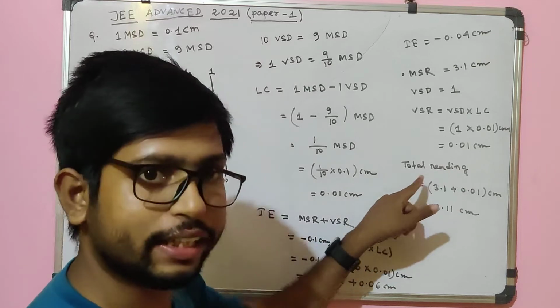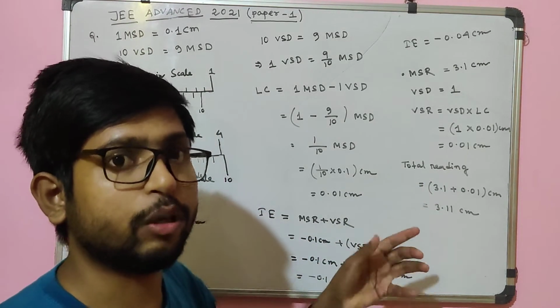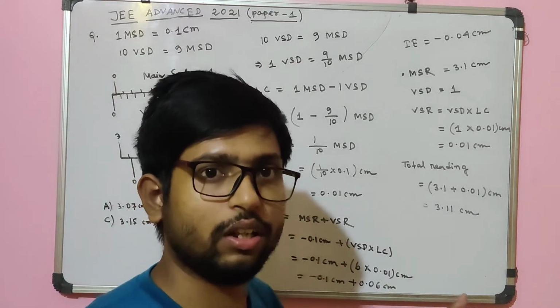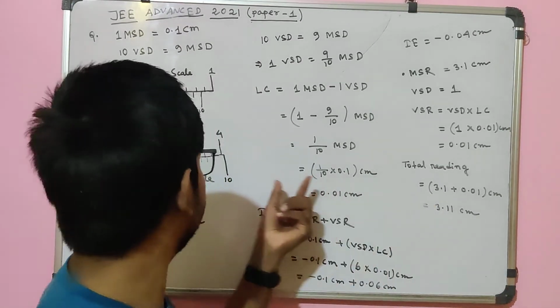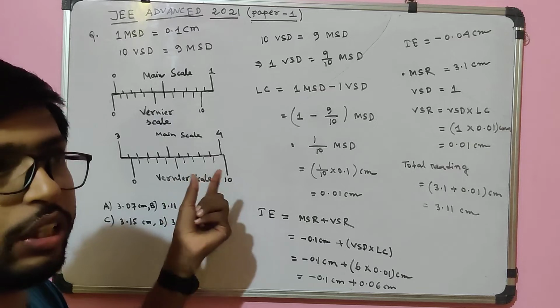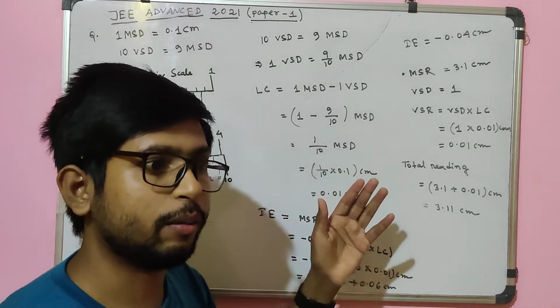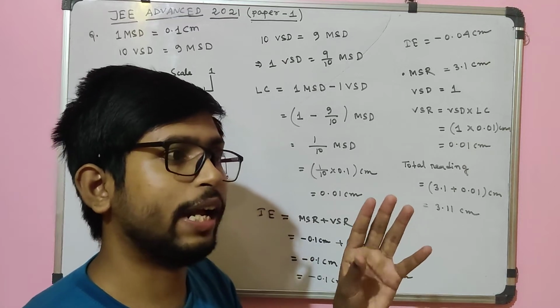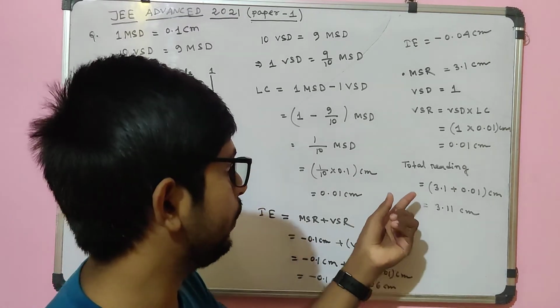But this total reading is not the actual reading, because initially there was an error and we have to include that error in this part. So initially it was a negative error. If it was a negative error, then we have to add that amount to this total reading.